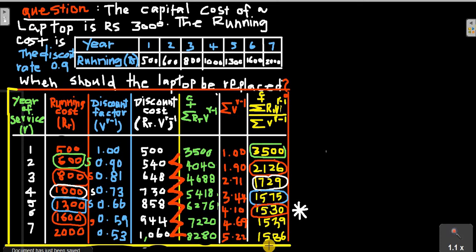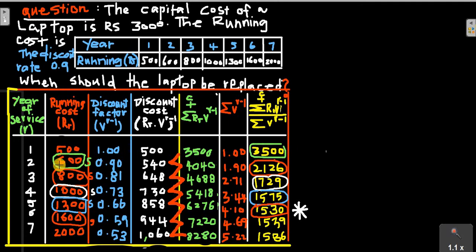So this last column is a very serious step that we have to look at here. Look at this. First year, we can say the average cost is 3500, and the second year running cost is less than the previous year's average cost. Am I correct?